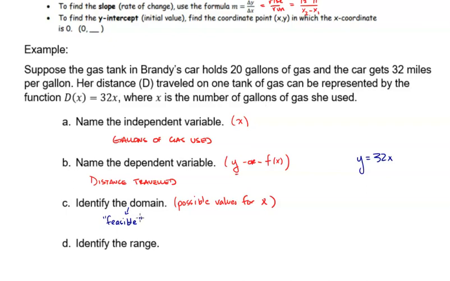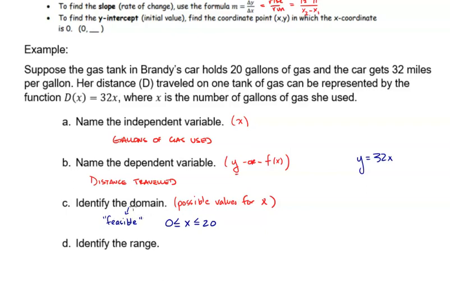So our feasible domain is going to be 0 or bigger, but smaller than or equal to 20. I suppose her trip could be just her sitting in her car in her driveway, meaning she's using 0 gallons of gas. But it has to be less than or equal to 20 gallons because her tank only holds 20 gallons, and we're looking at traveling on one tank of gas.